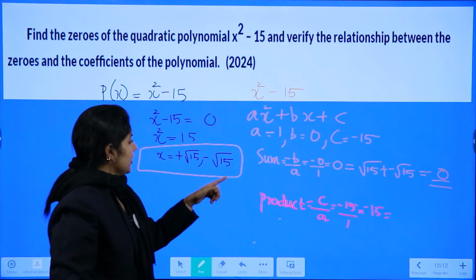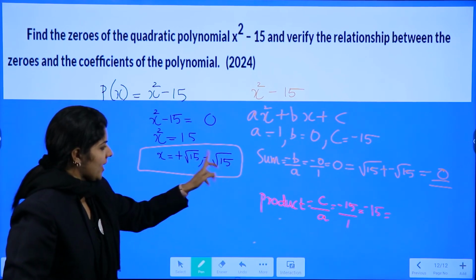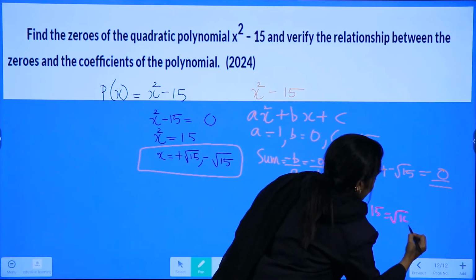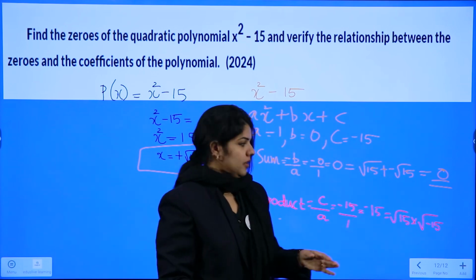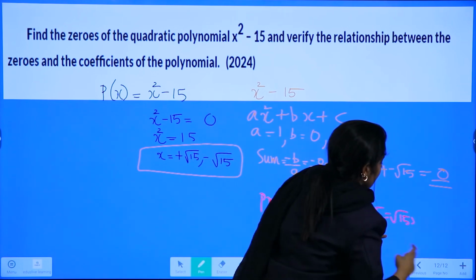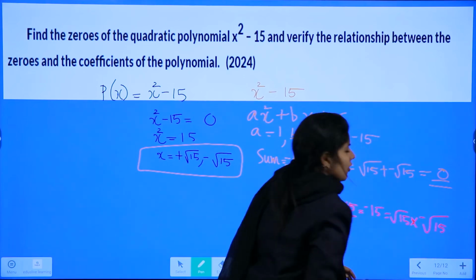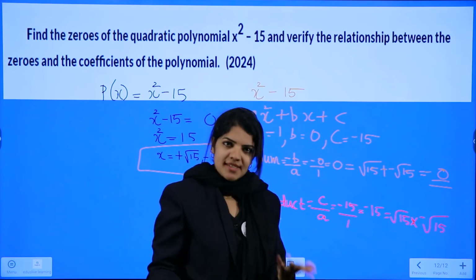Now we will verify with the product of zeros what we get here. So the zeros are root 15 and minus root 15. We will find the product of that. Root 15 into minus root 15. What is root 15 into root 15? Root 15 into root 15 is 15. What is root 2 into root 2? It is 2. What is root 3 into root 3? It is 3.